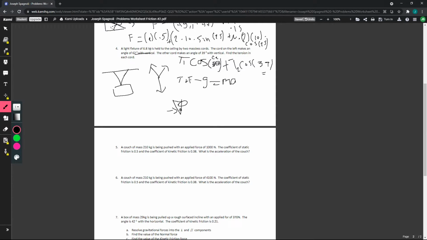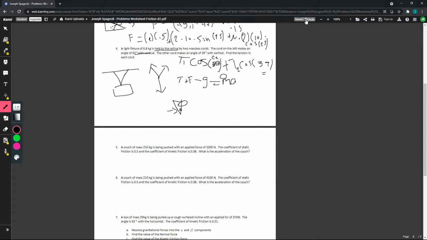Because it's being held to the ceiling, the object is not moving. Hence, acceleration is 0, meaning we can set this entire thing to 0, which means we can add gravity onto both ends, so the force of the two tension chords is equal to gravity.